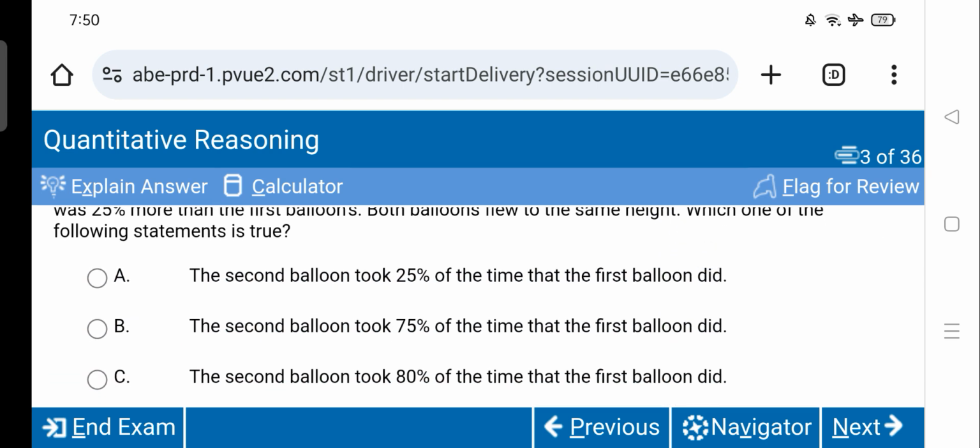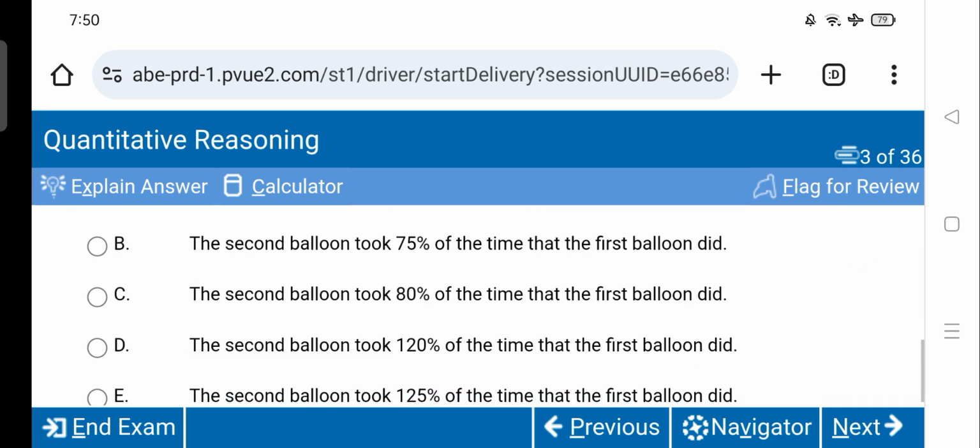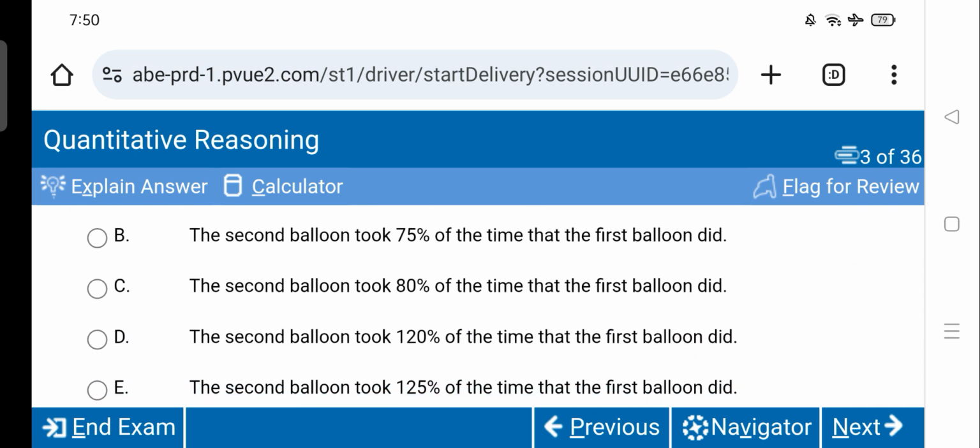Option A, the second balloon took 25% of the time that the first balloon did. Option B, the second balloon took 75% of the time that the first balloon did. Option C, the second balloon took 80% of the time that the first balloon did.